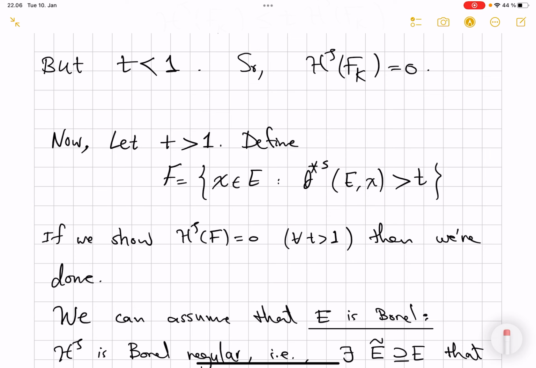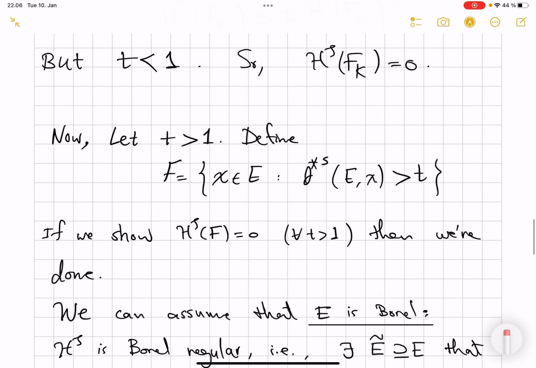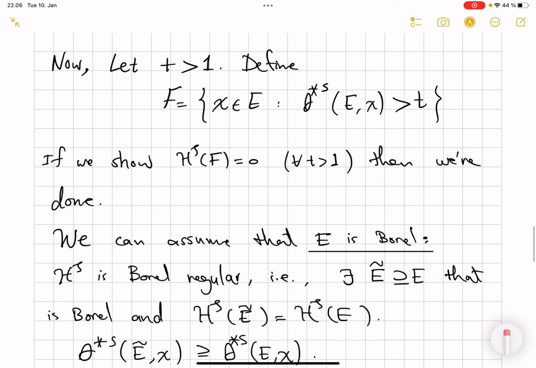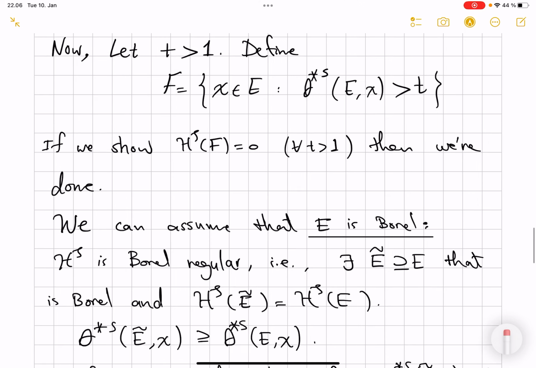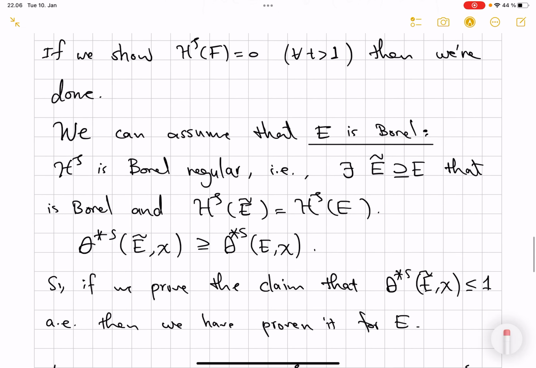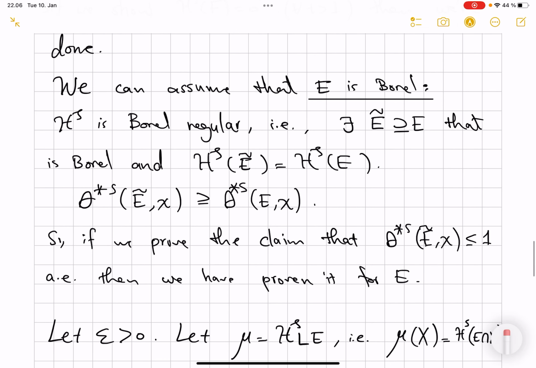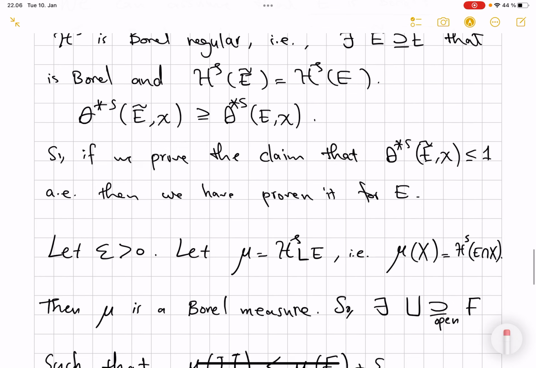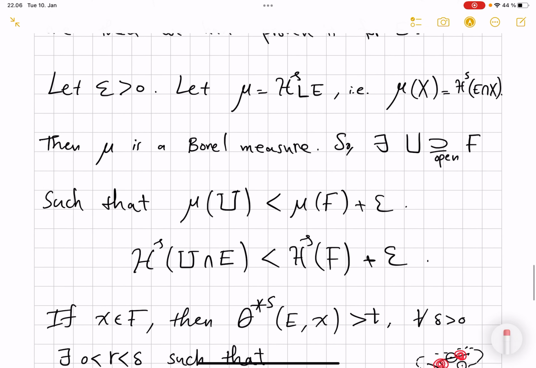This is the set of bad points. For technical reasons, we assume that the set E we started with is actually a Borel set, so that we can find an open set U containing the bad set, but with measure not too far different from that.